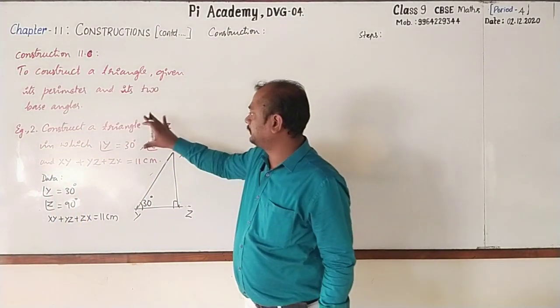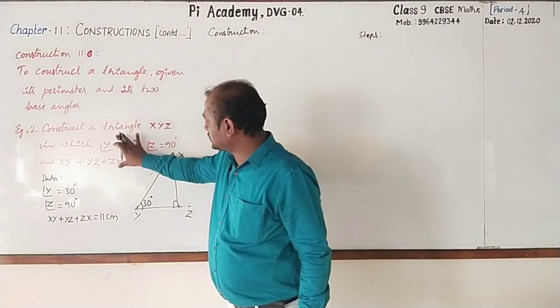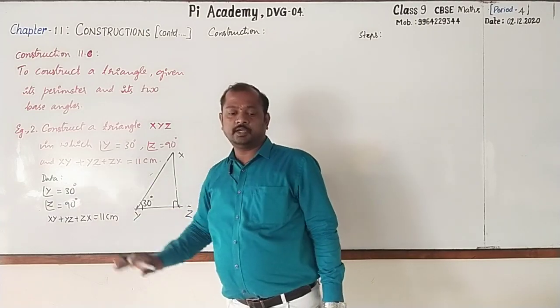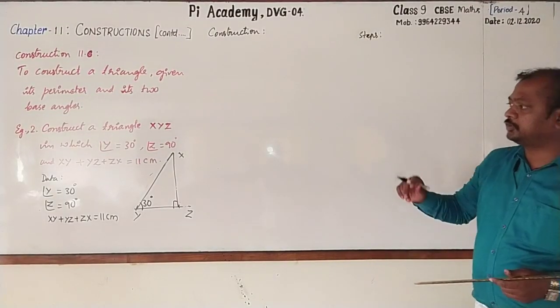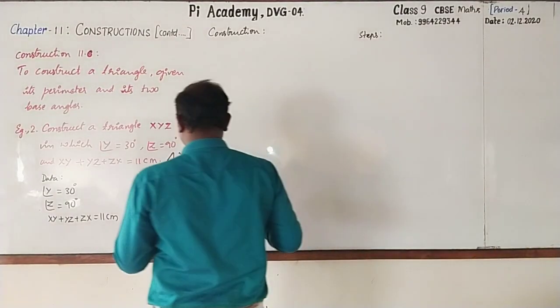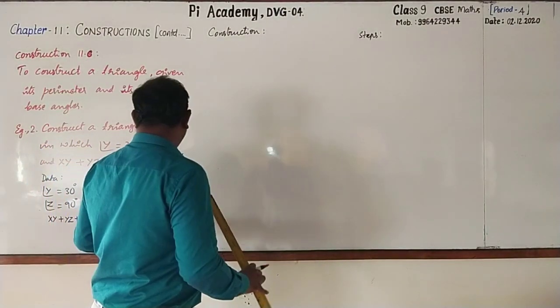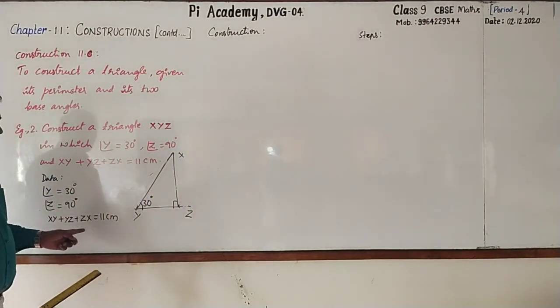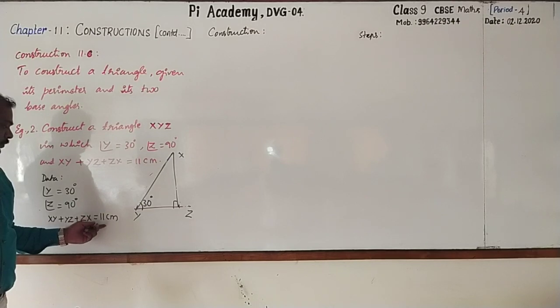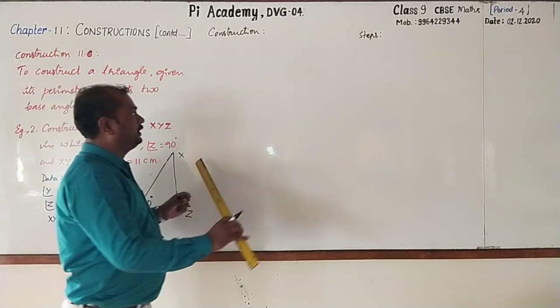So, before that, copy the statement, draw the figure and write data. Hope that you have drawn. Now, start constructing with me. First, you have to draw a line segment which represents the perimeter of the triangle, that is 11 centimeter.